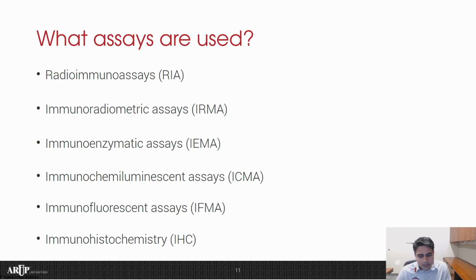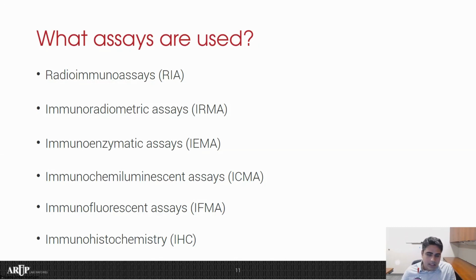As laboratorians, we are very much interested in what assays are used to detect and quantitate these tumor markers. Here is a list of assays that are frequently used, and these assays have evolved over time.